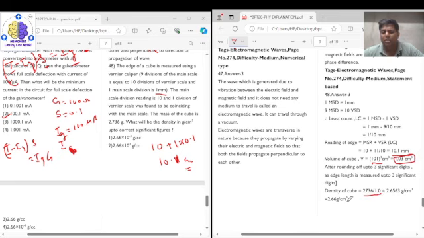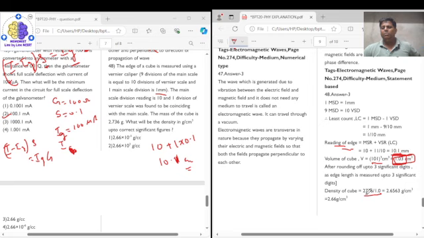Now talking about the significant figures, when we are finding the reading, the edge of the cube, we are getting the edge in three significant figures. So when we calculate the volume, it is also in three significant figures, that is 1.03. The length is measured up to three significant digits.